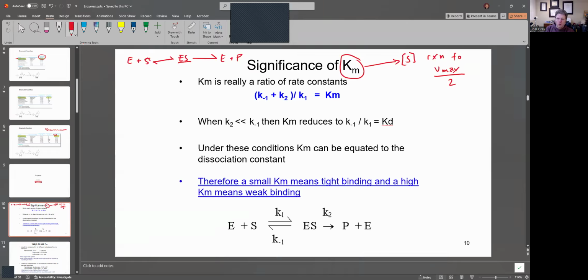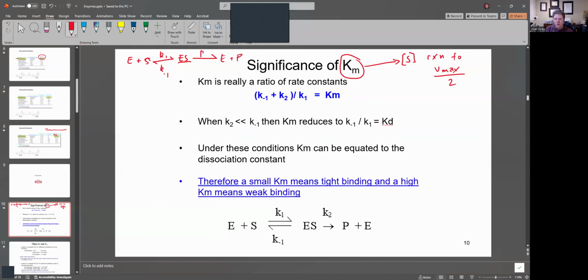Now, Km, to put it another way, can be viewed as a ratio of rate constants. K sub 1 is the rate constant for the formation of the ES complex. K sub minus 1 is that ES complex breaking down.